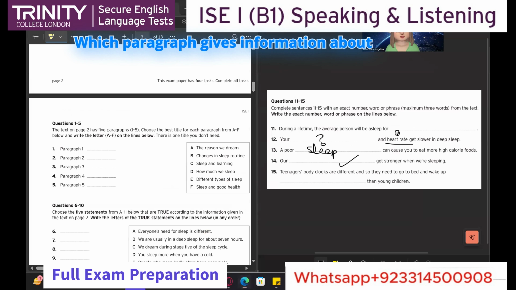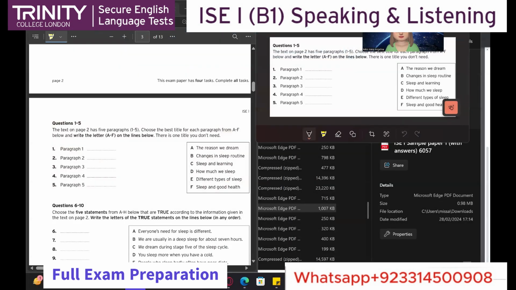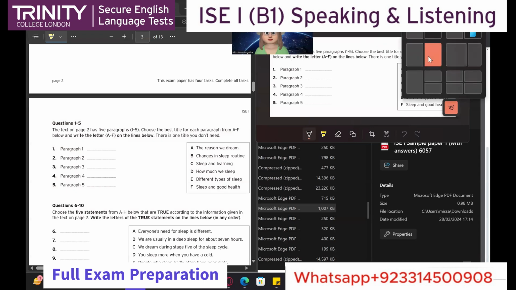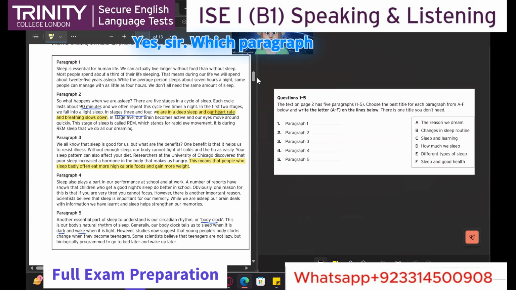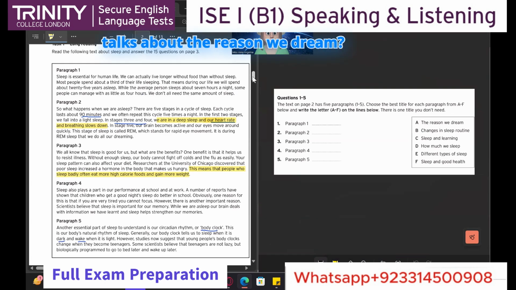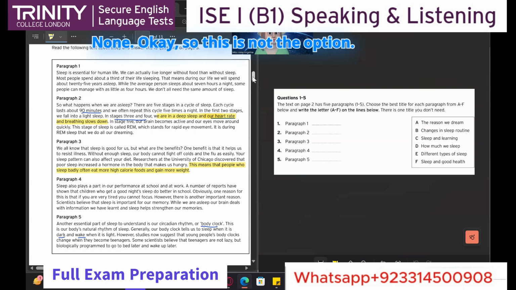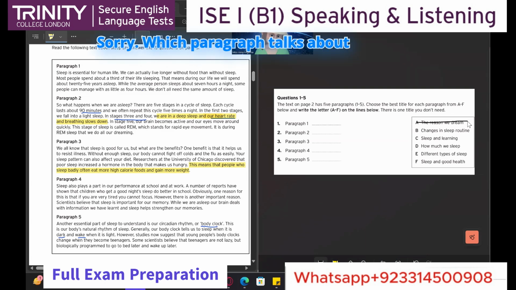Which paragraph gives information about what information? Which paragraph talks about the reason we dream? None. Okay, so this is not the option. Which paragraph talks about changes in sleep routine?